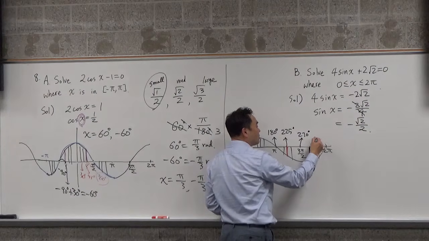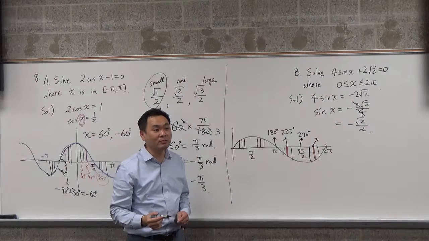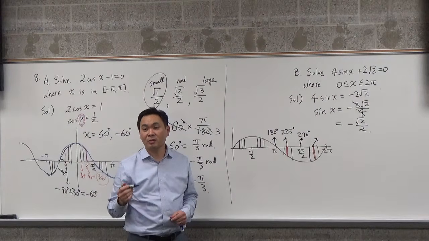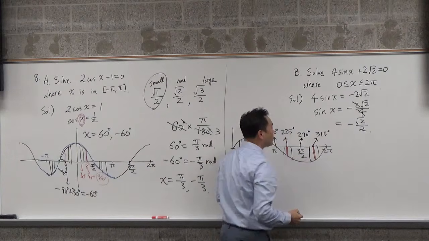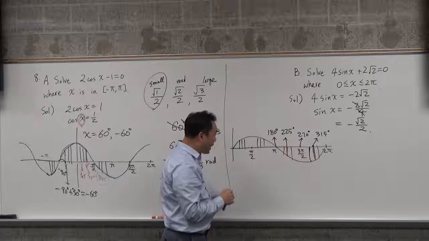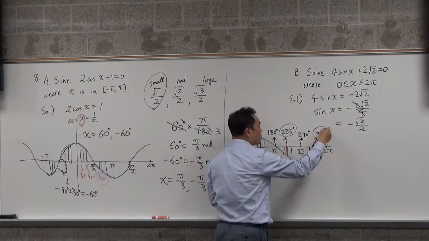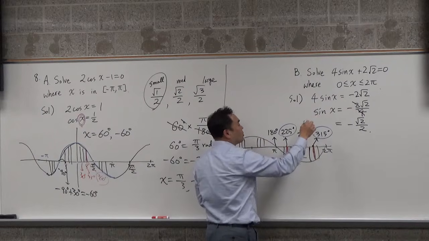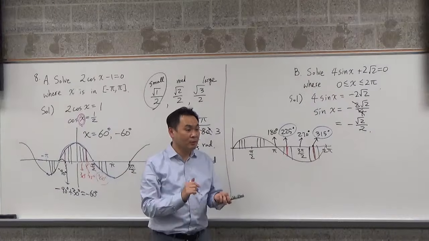Which means this point is 270 plus 45, which is 315. So we see that at 225 degrees and at 315 degrees, sine becomes negative radical 2 over 2.